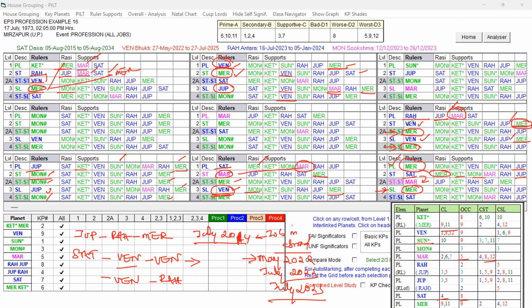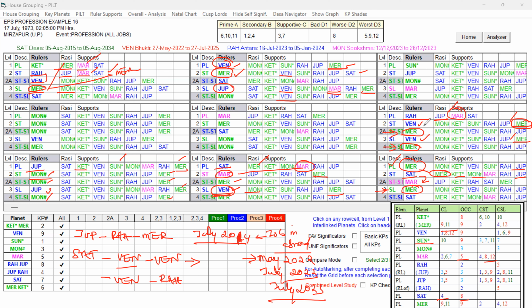That Venus is the Bhukti Lord. So because of that, definitely that native will face some changes or challenges during that period. But as said, that Venus is supported by the star lord, that is Mercury, and forming ruler link, and the same is there for the sublord also.